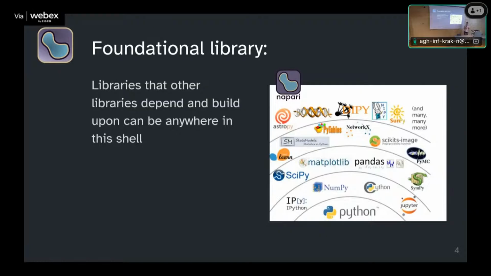But another way to think of a foundational library, something like AstroPy or Napari, is that many people depend on the functionality of that library and often extend it with plugins, such that this upstream library has to be really mindful about how everyone interacts with their work.